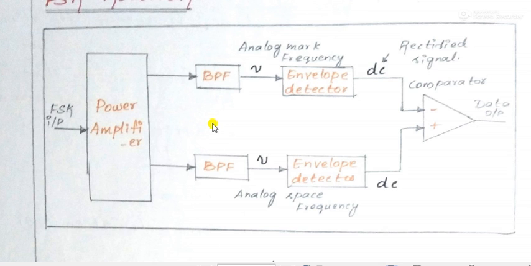The upper bandpass filter passes only the mark frequency to its respective envelope detector. Similarly, the lower bandpass filter passes only the space frequency into its respective envelope detector. The envelope detector indicates the total power in each passband, and the comparator responds to the larger of the two powers as an output.